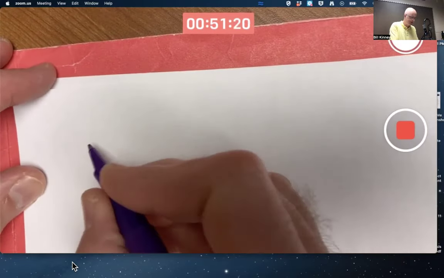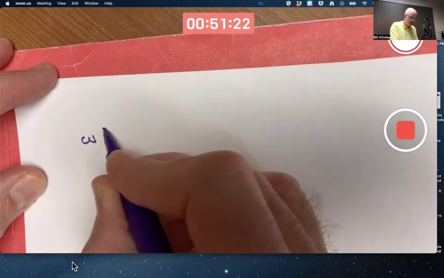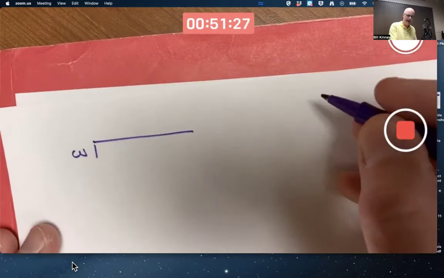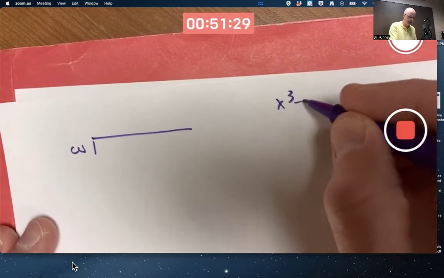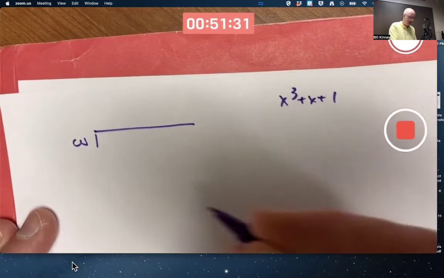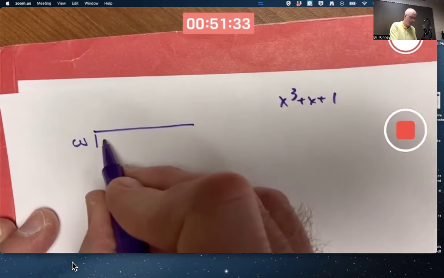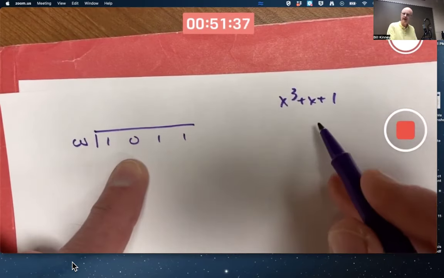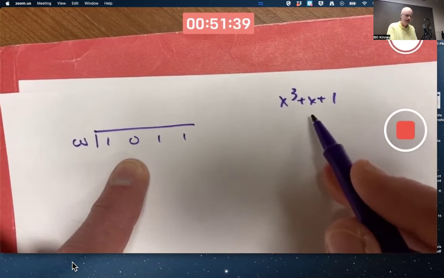I know omega is a root. Okay? That means if I do synthetic division, where I put an omega over here, and I take the coefficients of my cubic, x cubed plus x plus 1, and put them under here, 1, 0, 1, 1. The 0 needs to be there because there's no x squared term.